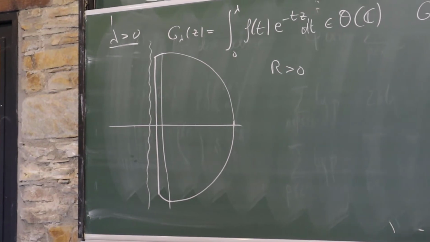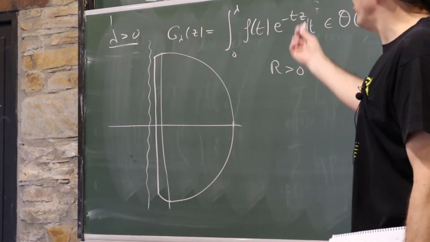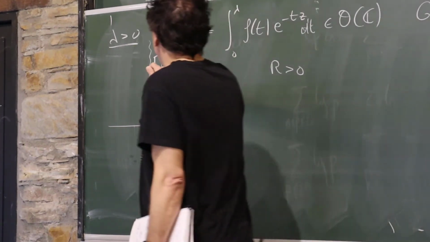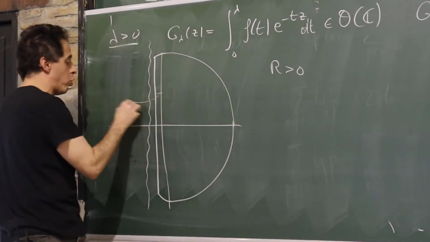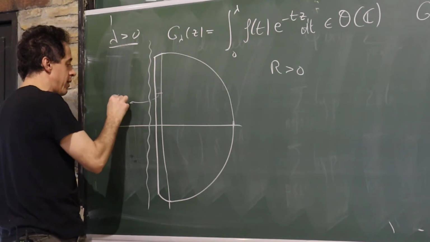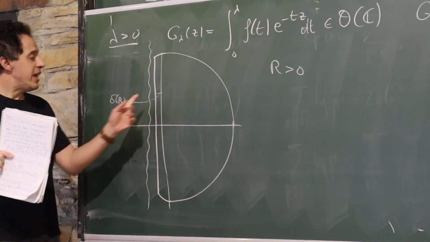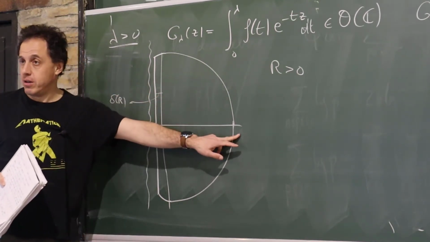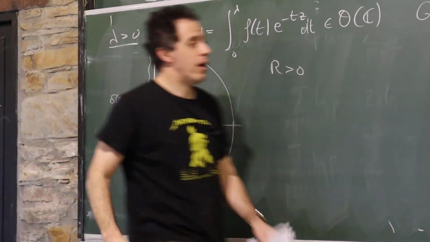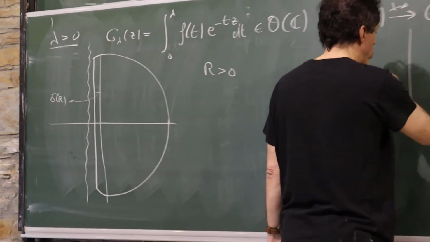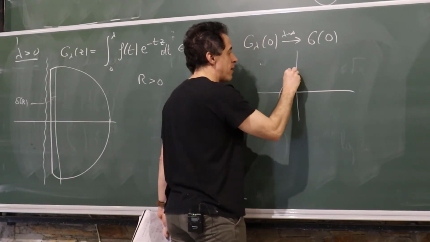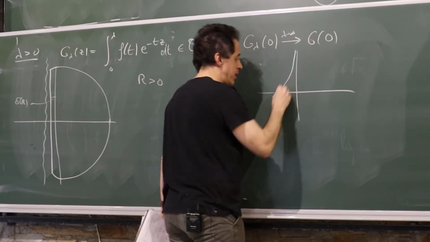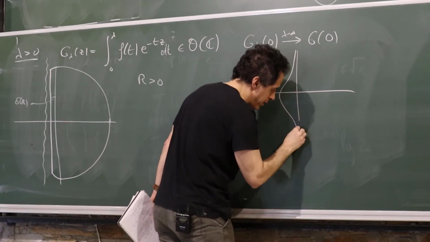We're going to consider this path to continue a little bit. Given a fixed r, this distance here we could call delta of r. This distance is not the same for every r. I mean, the analytic continuation could be in an open set that could be narrowing.